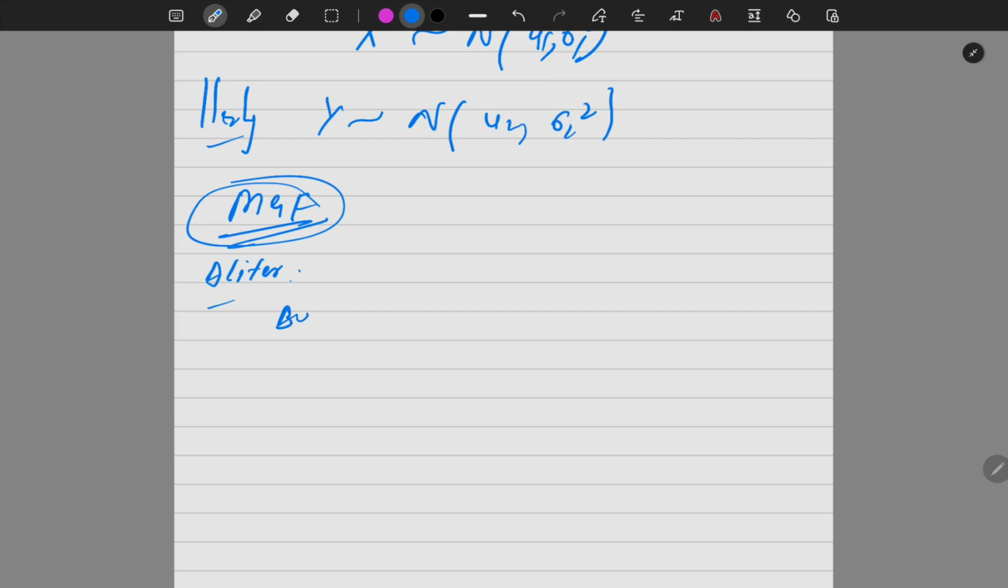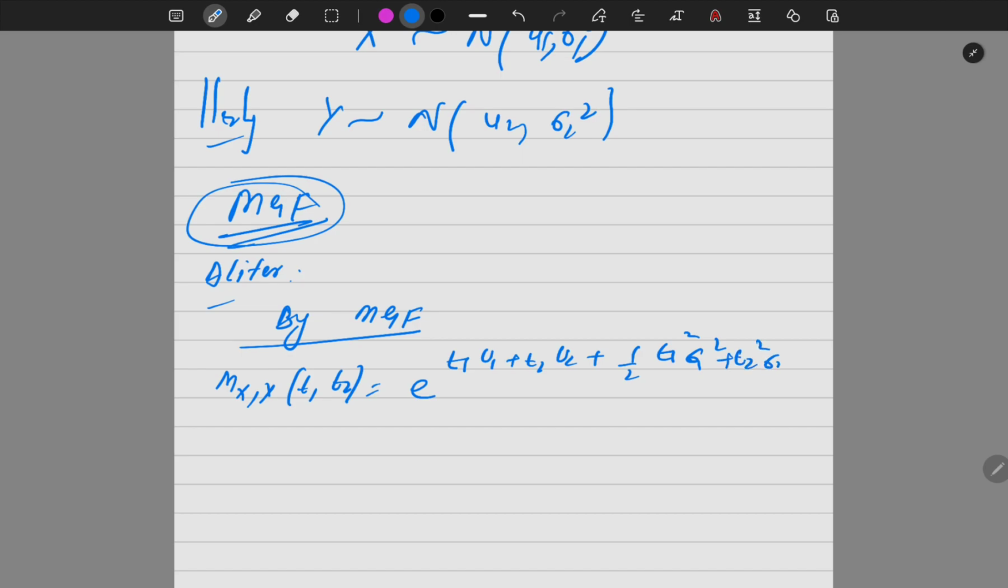So by MGF, M of x comma y (t1, t2), what is this? t1 mu 1 plus t2 mu 2 plus 1 half of (t1 square sigma 1 square plus t2 square sigma 2 square plus 2 rho t1 t2 sigma 1 sigma 2). So this is the MGF of the bivariate normal distribution.